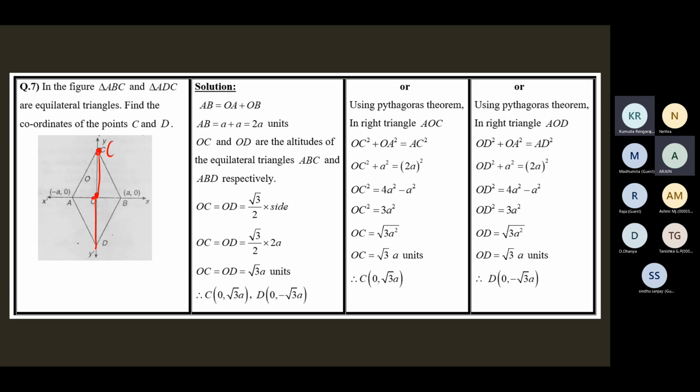So this one is on the y-axis. Be careful. See, it's not on the x-axis. It's on the y-axis. So 0, comma root 3a and 0, comma minus root 3a. Or you can also use Pythagoras theorem.